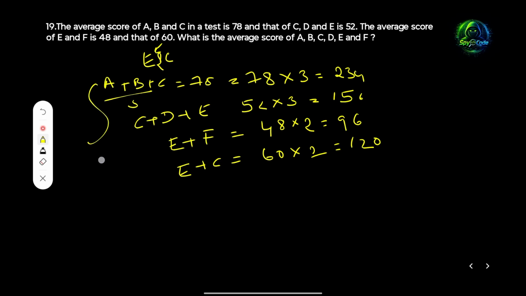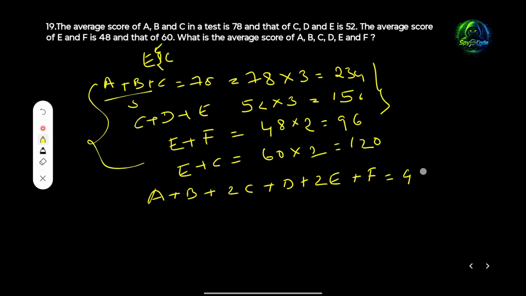So when we add these three, it is A plus B plus 2C plus D plus 2E plus F, which is equal to around 486.